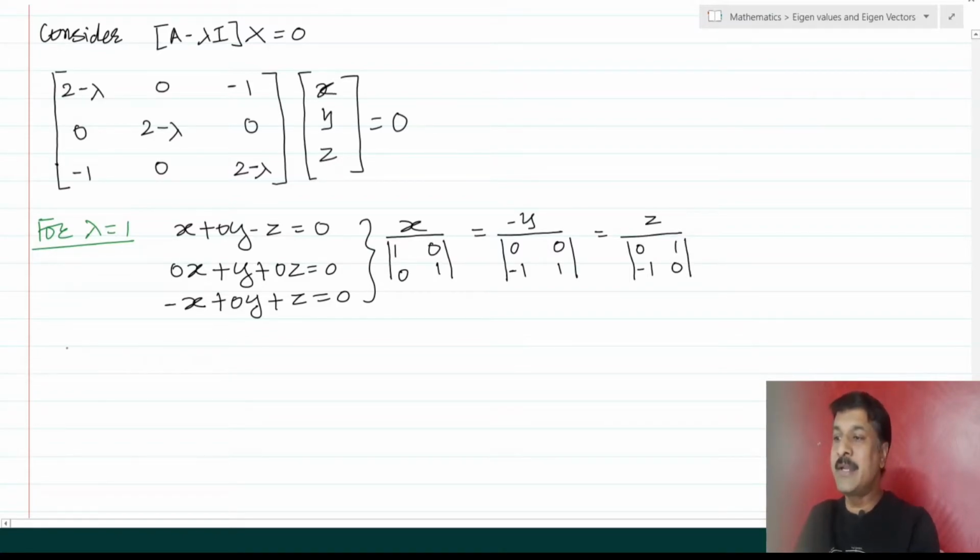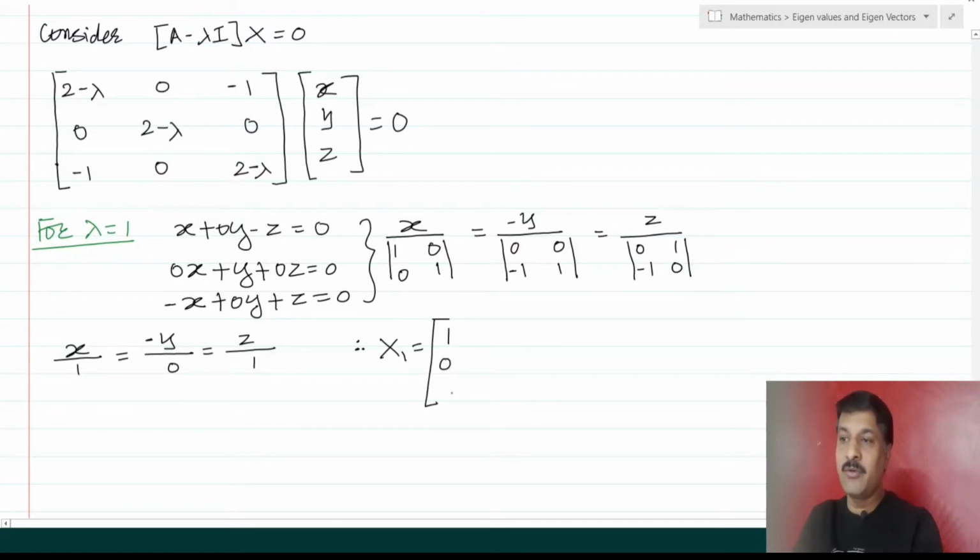That is why I get x upon 1, minus y upon 0, and z upon 0 minus minus plus 1. So therefore our x1, meaning the first eigenvector, is (1, 0, 1).